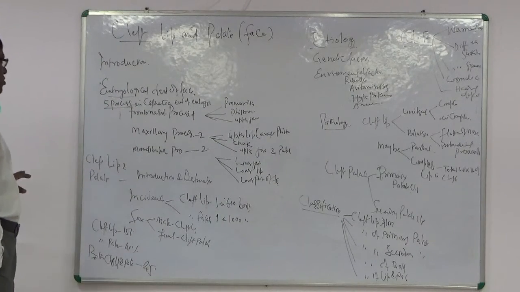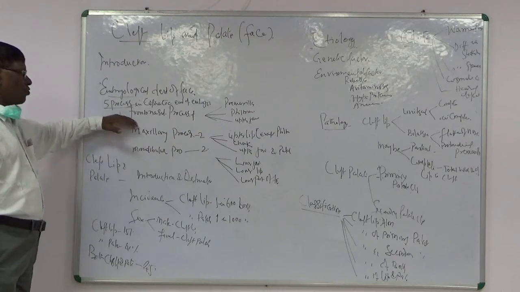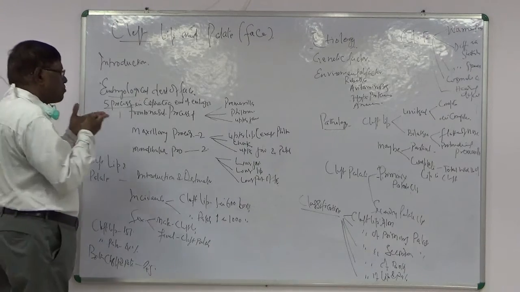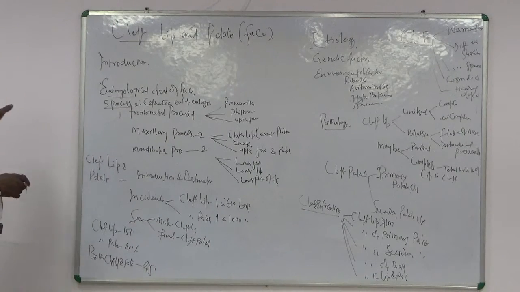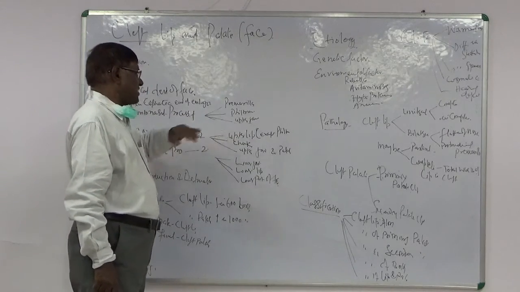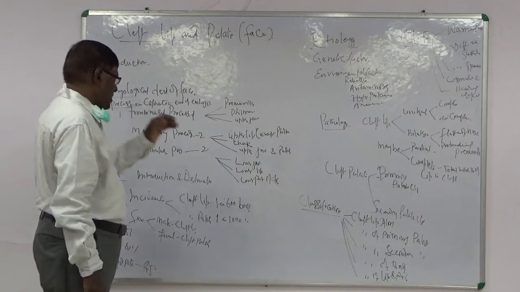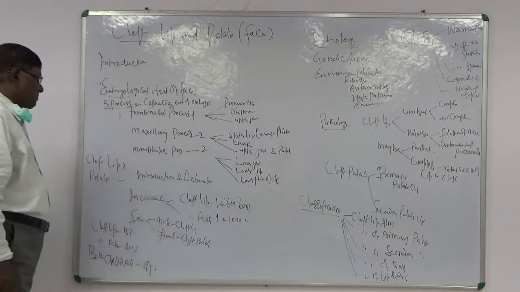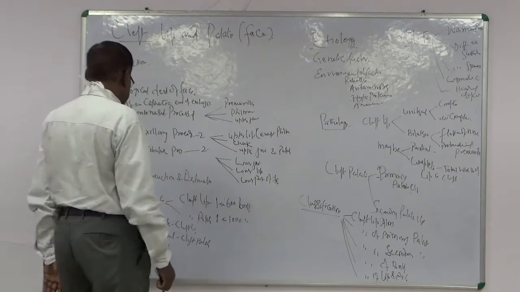Around the primitive mouth 5 processes develop, that is 1 frontonasal process, 2 maxillary processes and 2 mandibular processes. By all these, the whole of the face is developed. The frontonasal process gives the development of the premaxilla, philtrum and upper jaw also, and the maxillary process develops the upper lip except the philtrum, cheek and the upper jaw and palate. The mandibular process develops the lower jaw, lower lip and lower part of the face.